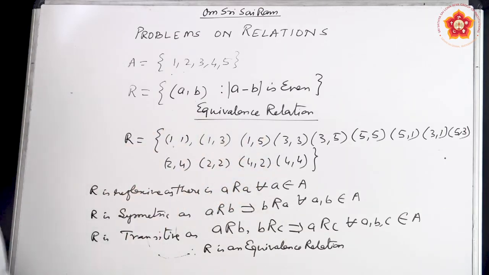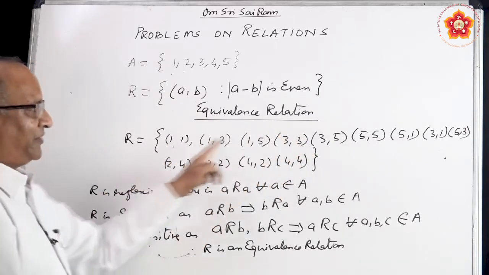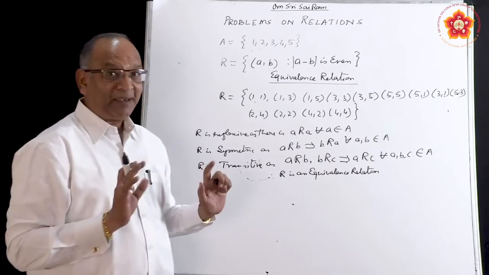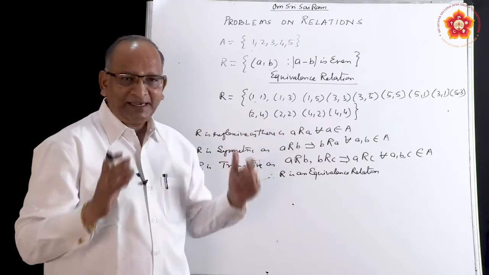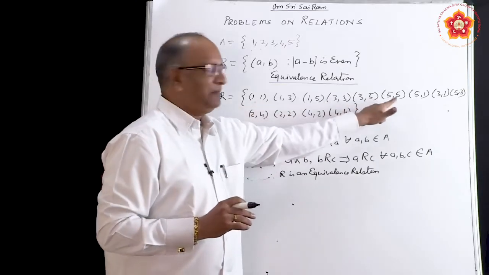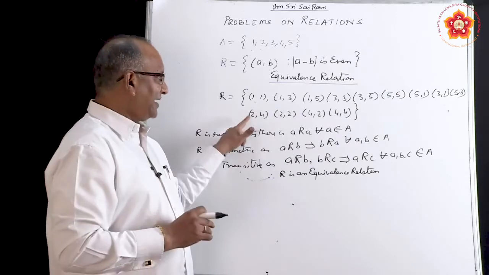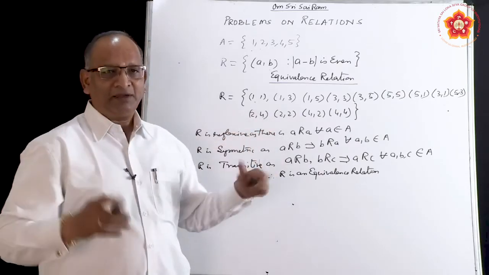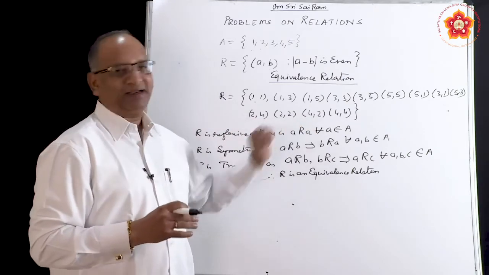So he is trying to say that the elements 1, 3, 5 are related to each other independently, and the elements 2, 4 are related to each other independently. Means if you take these elements and make a set, again it is an equivalence relation. And if you take the elements 2, 4, you will find that the same equivalence relation exists even here.